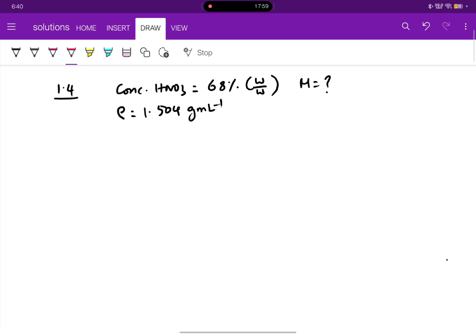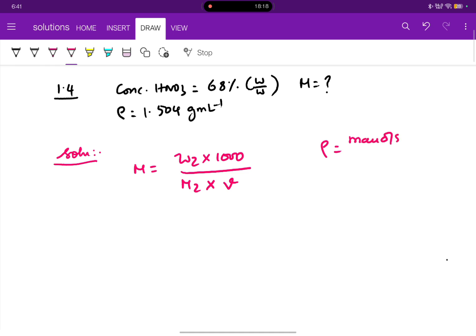Yes. I will tell you how we solved this. Now, what is the formula that we know? Molarity is equal to W2 into 1000 by M2 into V. But the problem here, we don't have V. So we know density is equal to mass of solution by volume of solution. Correct? So here V denotes volume of solution.